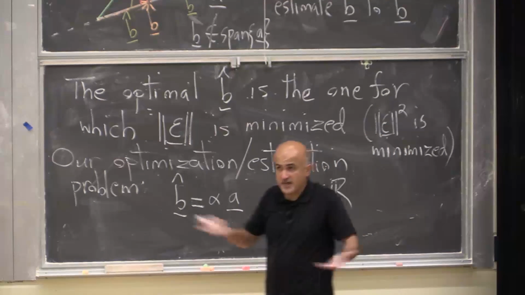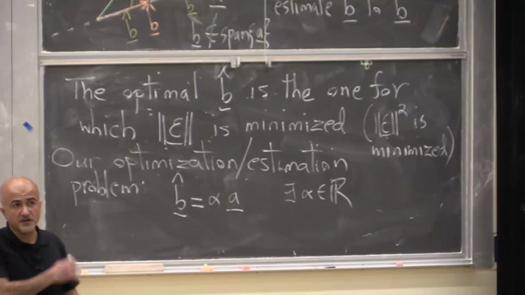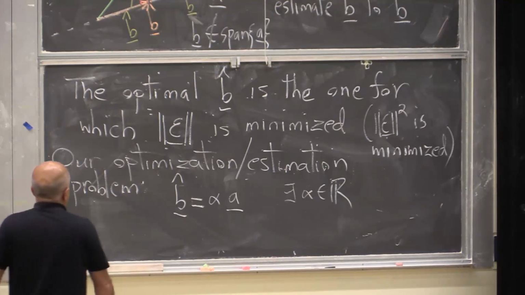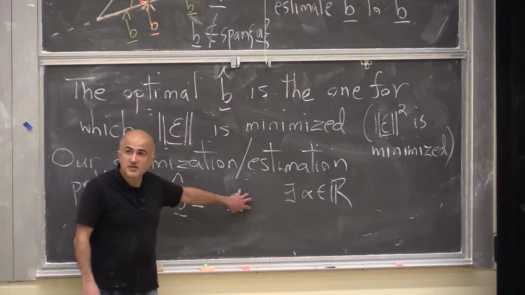That's the only way I'm going to stay in that subspace. So whatever my best estimate is, it's got to be a scalar multiple of A.